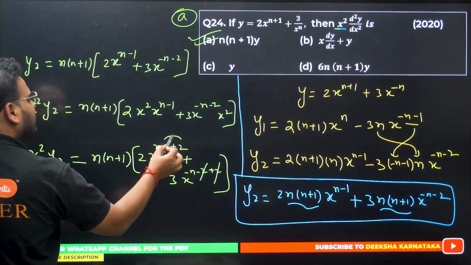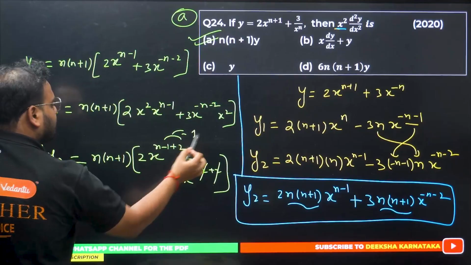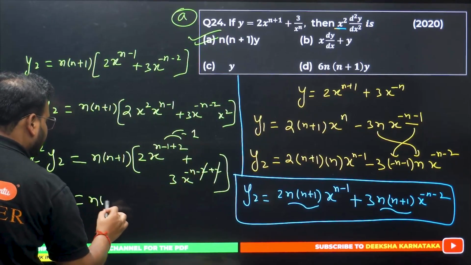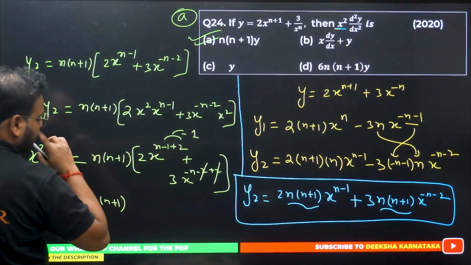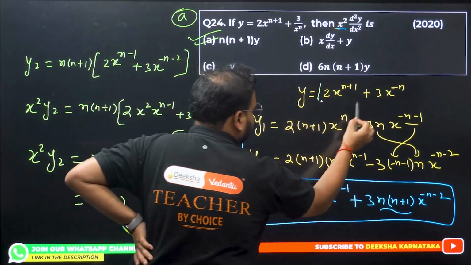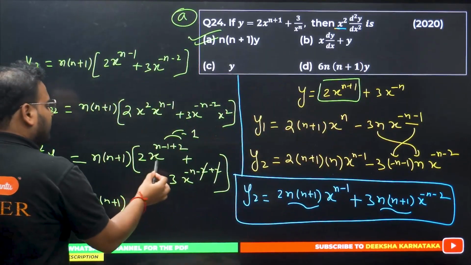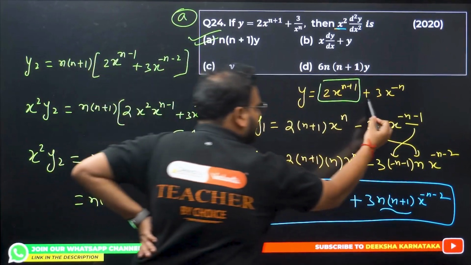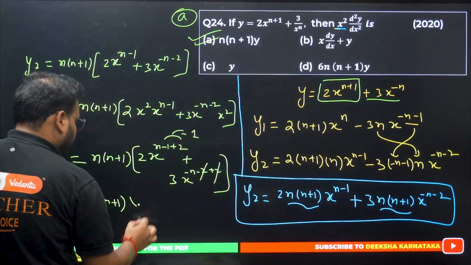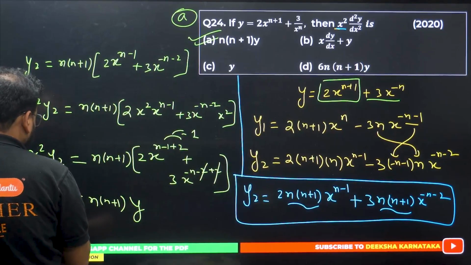Here we get this result as equal to 1. My answer is coming as n times (n plus 1), and this is nothing but 2 times x power n plus 1. This is the same term. 2 times x power n plus 1, and this is 3 times x power minus n. Same term. So into y. That's my answer for x square y2.